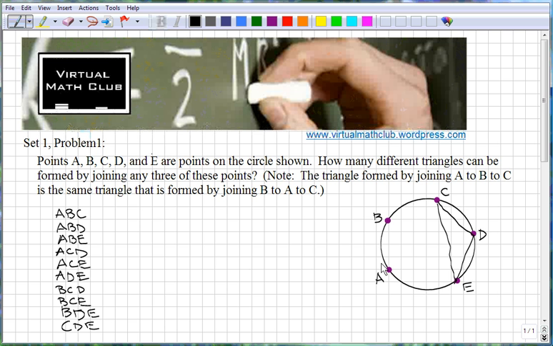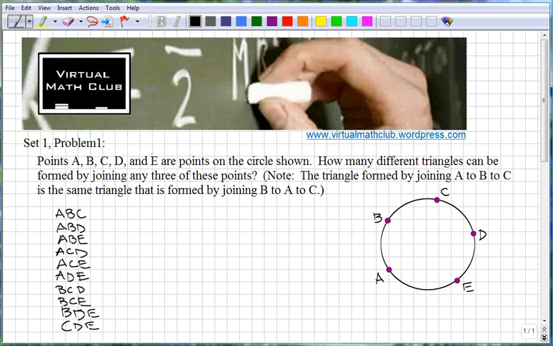All right, and that's it for point C. And you can see that that's all there is, because if we move on to point D, we've already connected D to C and B and A, and so we've got all those triangles, right? If we connect D to E, then we'd have to choose A, B, or C to make a triangle, and we've already gotten all of those triangles listed.